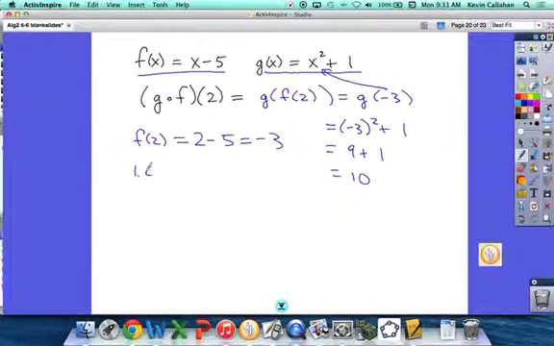So that would be more like this. Evaluate the inner function, and then evaluate the outer function.